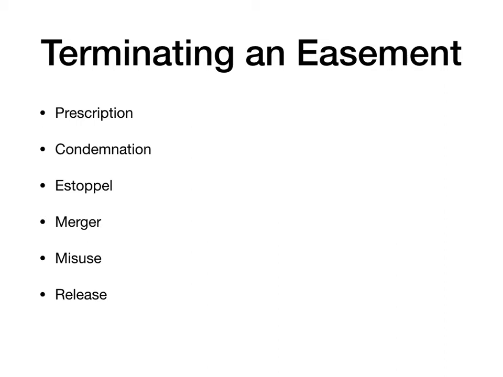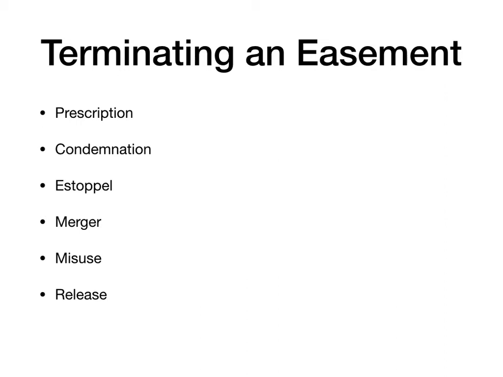Another method for termination is through release. An easement holder, which is, again, the dominant owner, can release the servient estate from their obligations under the easement.